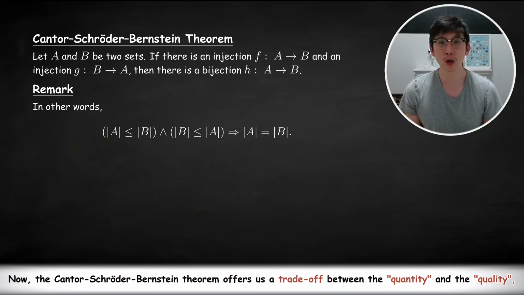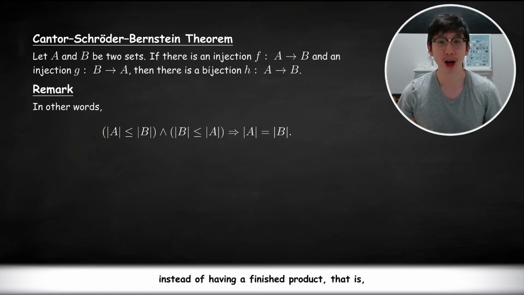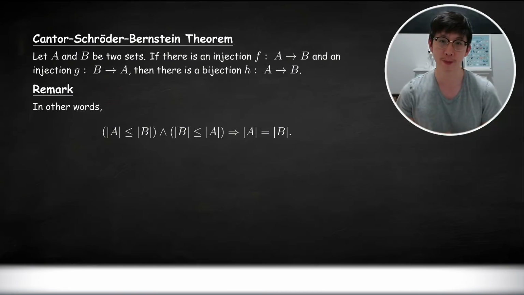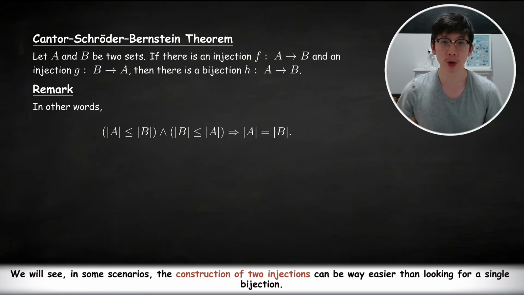Now, the Cantor-Schröder-Bernstein theorem offers us a trade-off between quantity and quality. Instead of having a finished product, that is, a bijection between A and B, a pair of semi-finished products might also make things work. We will see that, in some scenarios, the construction of two injections can be way easier than looking for a single bijection.